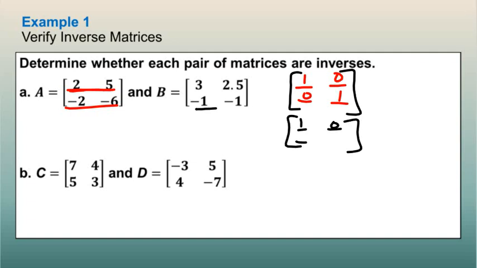Over here, row 2 with column 1: -1 times 2 plus -1 times -2 gives us 0. And row 2 with column 2: -1 times 5 plus -1 times -6 gives us 1. So yes, these are inverses because it gives us the identity.